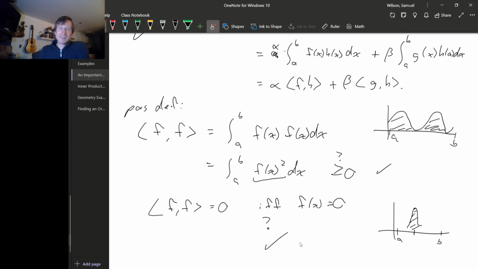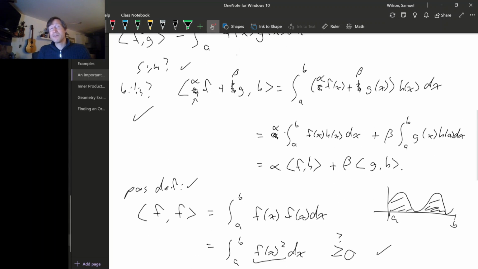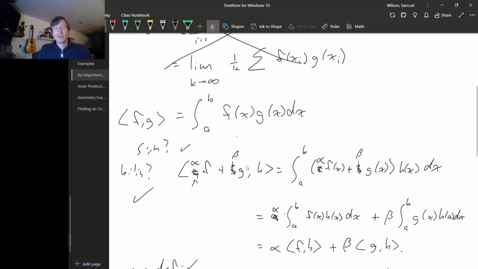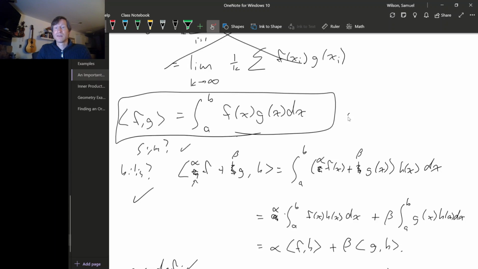So yes, this is positive definite. So this formula that we've made up, this right here, is an inner product on the space of continuous, real-valued functions from a to b.